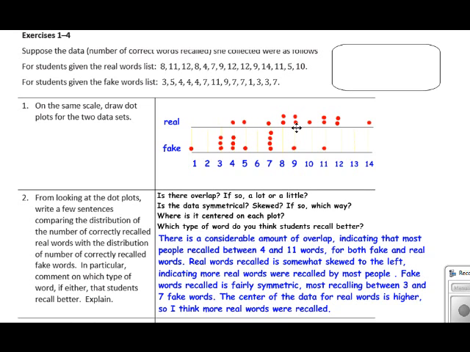So right about here would be the center of the data for the real words, which was 9. And then for the fake words, 1, 2, 3, 4, 5, 6, 7, 8, 9, 10, 11, 12, 13, 14. So 7. 1, 2, 3, 4, 5, 6, 7, whereas 4 is the center of the data for the fake words. So the center is up here for real, and the center is down here for fake.